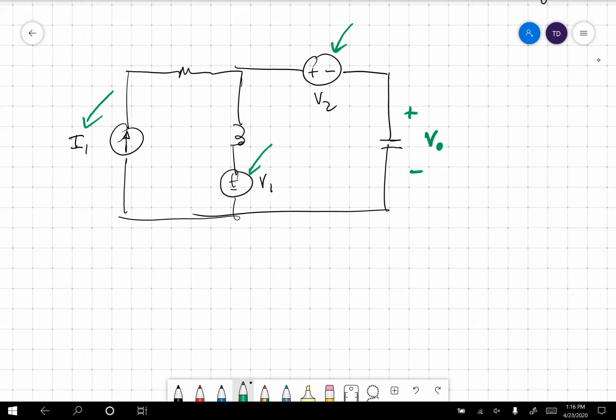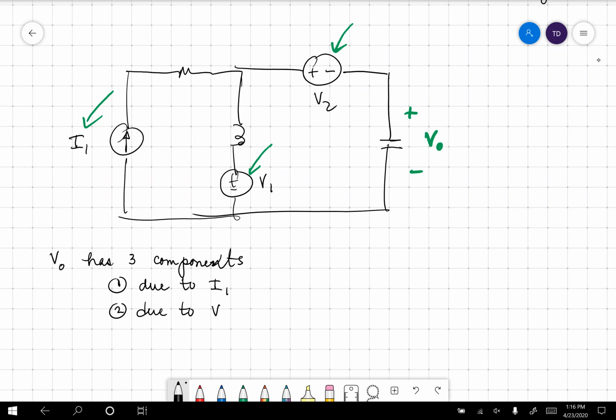So there are three components to that. So there's a component of V out. So let's say that. So V out has 3 components. 1, due to I1. 2, due to V1.